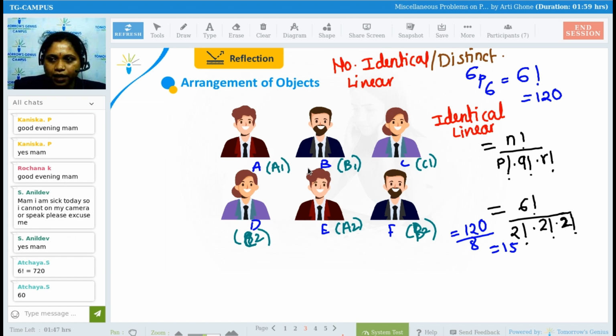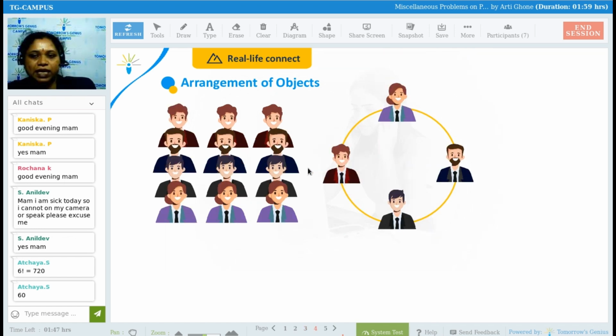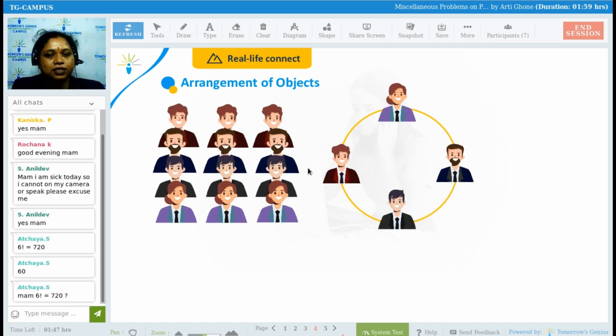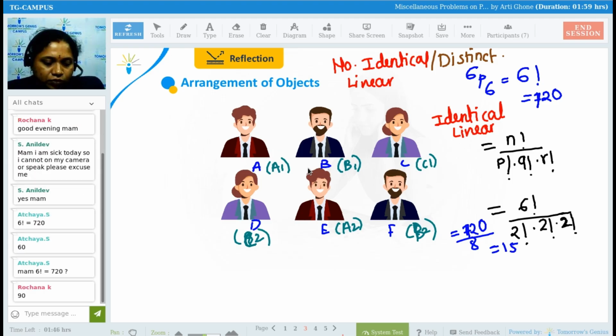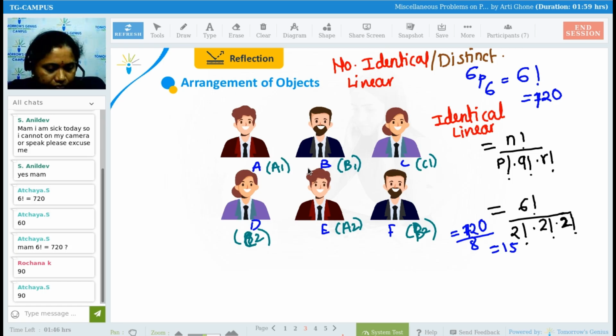Okay, next, see the change now. I want to arrange these many persons. So it will be 720 by 8. Just correct it and tell me the answer. Good. Thank you so much. 720 by 8, 90 will be the answer.